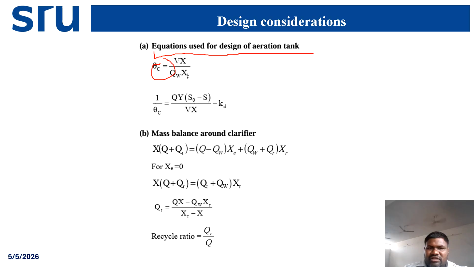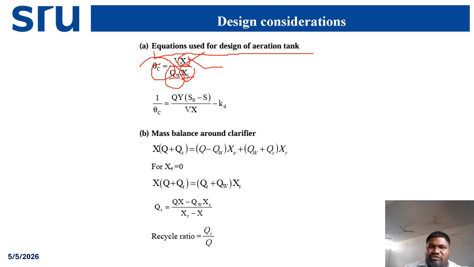Now the equations used for design of the aeration tank. Theta C is the volume multiplied by the biomass concentration in the aeration tank, divided by QW into XR. QW is the wasted water, XR is the underflow microorganisms concentration, and X is the aeration tank biomass concentration.